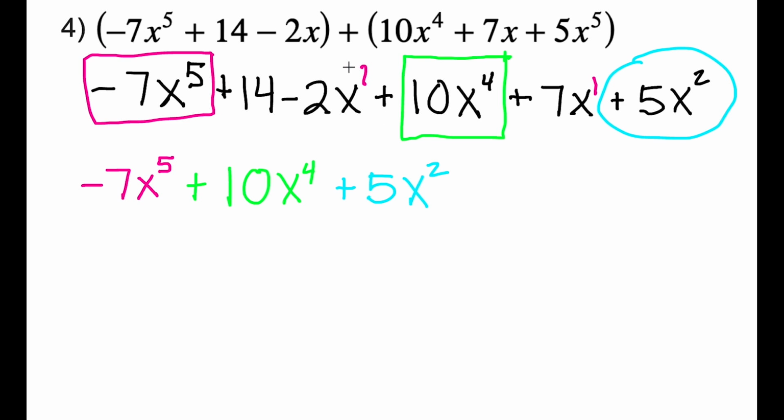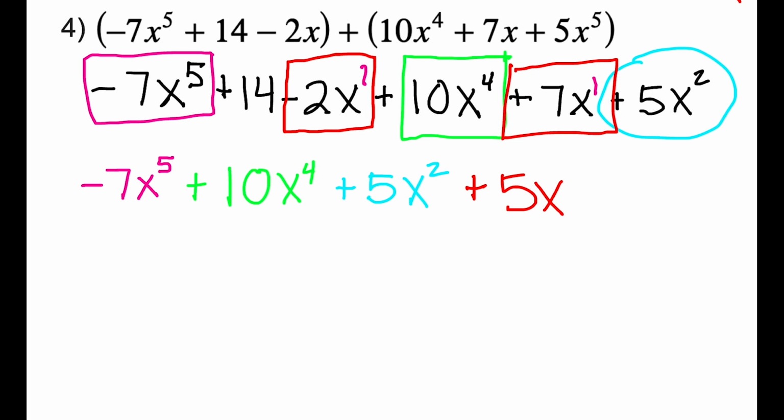The next exponent in terms of standard form is x to the first power. This is the only case in this problem where I have like terms. So negative 2x to the first plus 7x to the first. Well, if we have negative 2 plus 7, which is equivalent to 7 minus 2, because addition is commutative, or it doesn't matter which order you perform it in, we get 5x to the first.